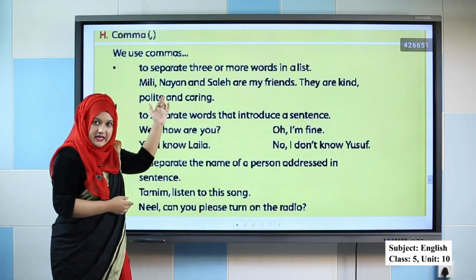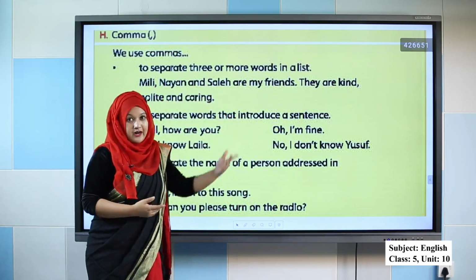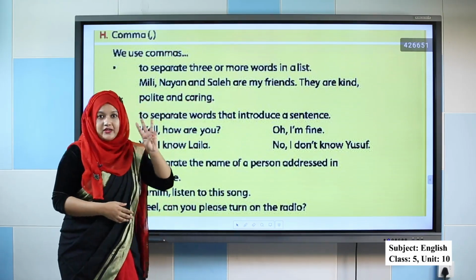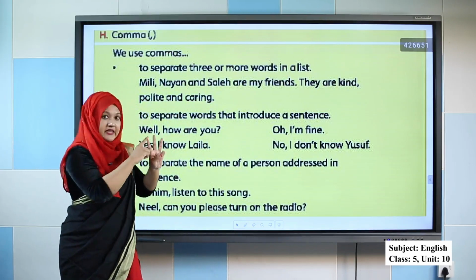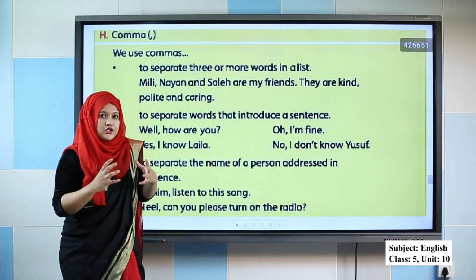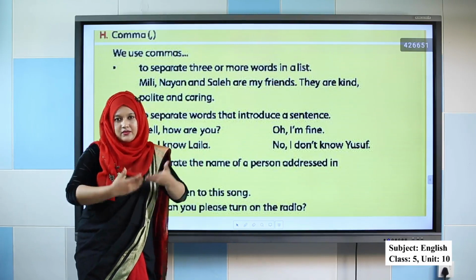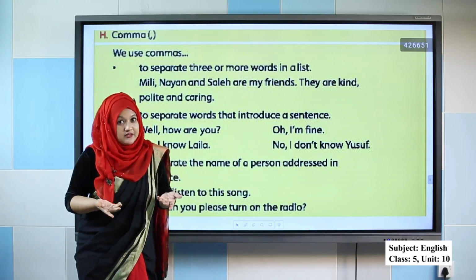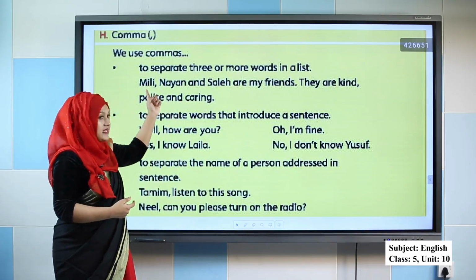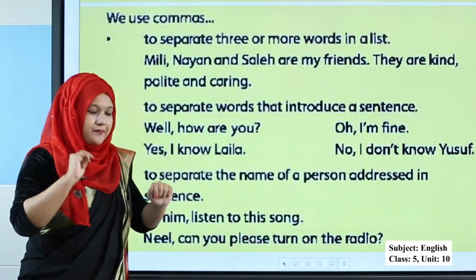Like, Mili, Nayan and Saleh are my friends. So, we can see 3 names here. Mili, Nayan, Saleh. We need to separate those words. How can we separate them? We will use comma between the names Mili, Nayan, right? Then the words are separated.